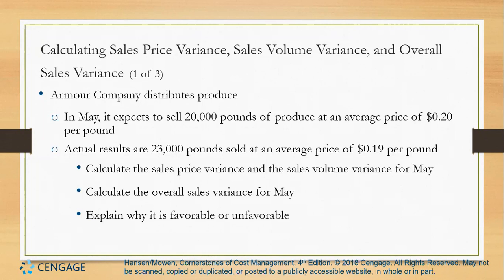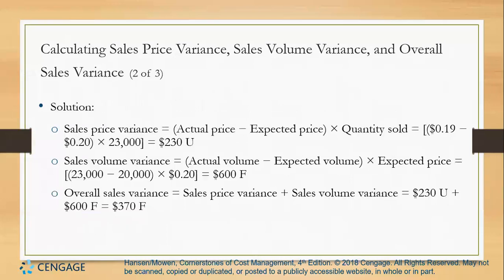Calculate the sales price and the sales volume variances for May and the overall variance. Explain why it is favorable or unfavorable.